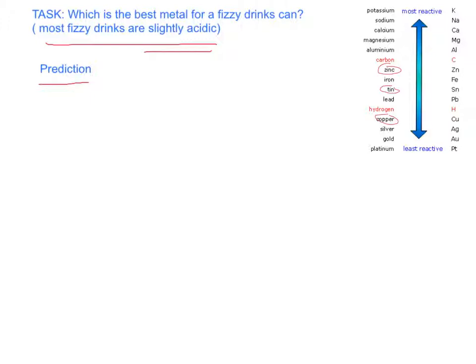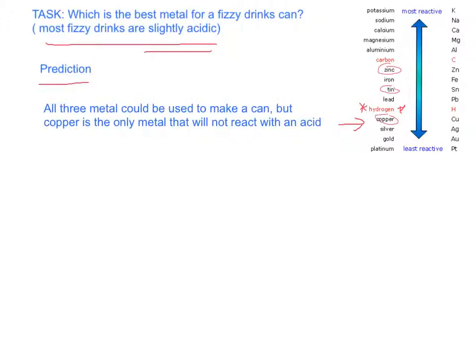So to use this clue, we can see that copper is the lowest in the reactivity series and will be the least reactive, but most importantly it's below hydrogen, so you won't get any bubbles of hydrogen when copper is in an acidic mixture. So a prediction could be something like all 3 metals could be used to make a can, but copper is the only metal that will not react with an acid.